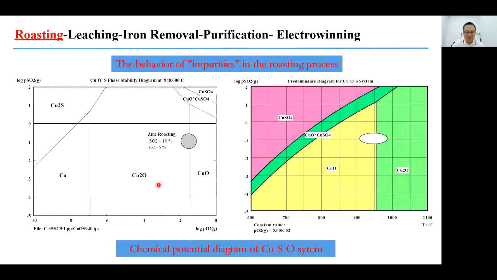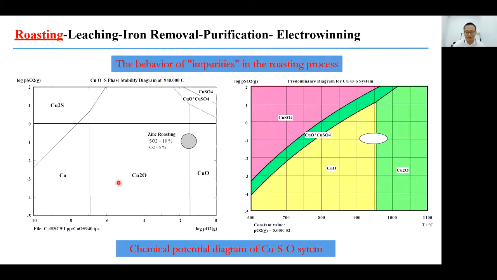First is copper. We know that in the ore dressing process, copper stays in copper sulfide form, such as chalcopyrite or some other form. In the processing window of zinc sulfide roasting, copper will convert to cuprite or tenorite, Cu2O or CuO, but it doesn't matter.